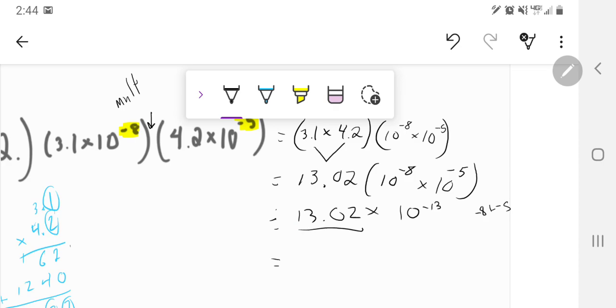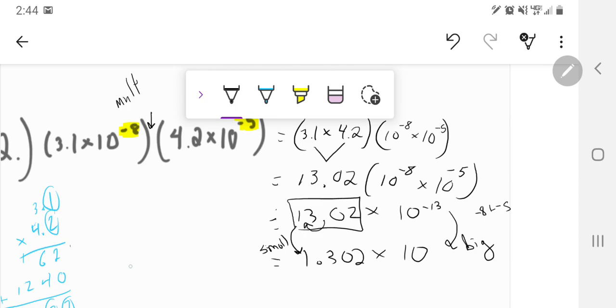Okay, this number, caution, is not between 1 and 10, so we have to bump that decimal over to make it 1.302 times 10 to the. Since we made that number smaller, we have to make this exponent bigger. And remember, on a number line, if 0's over here, 1, 2, 3, 4, 5, 6, 7, 8, 9, 10, 11, 12, 13, 14.